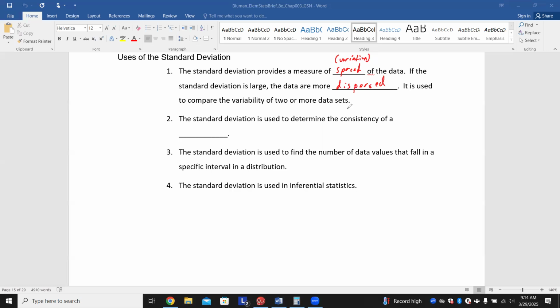It is used to compare the variability of two or more data sets. So again, we compared brand A and brand B to see which one is less variable, what's closer to the mark, right? So number two, the standard deviation is used to determine the consistency of a variable's value.